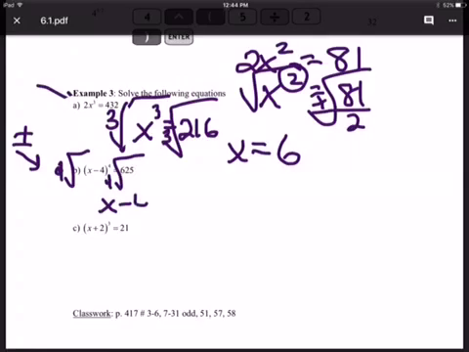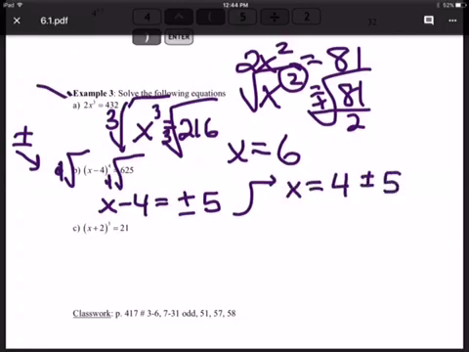So now I've got x minus 4 is equal to plus or minus the 4th root of 625, which is 5. Just like when we were doing square roots, I'm going to add the 4 over, so I get x equals 4 plus or minus 5, and then I'm going to evaluate that. So 4 plus 5 is 9, and 4 minus 5 is negative 1. Both of these plugged back into the original equation would make this a true statement.